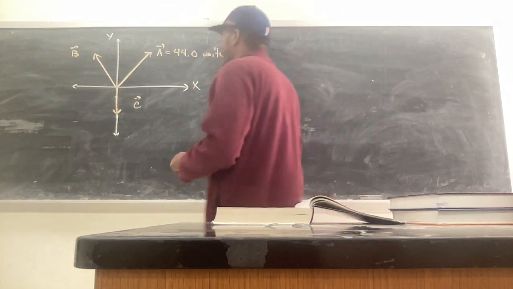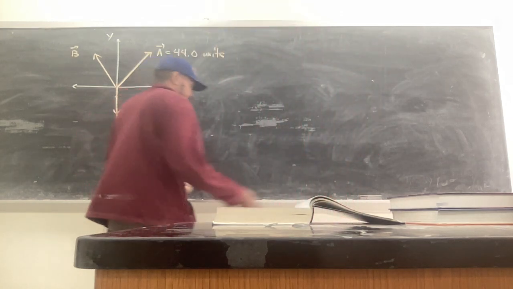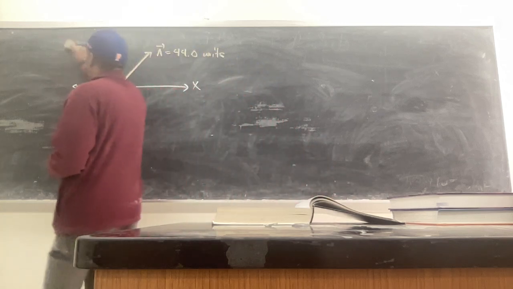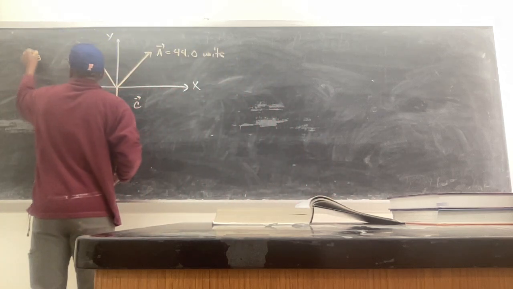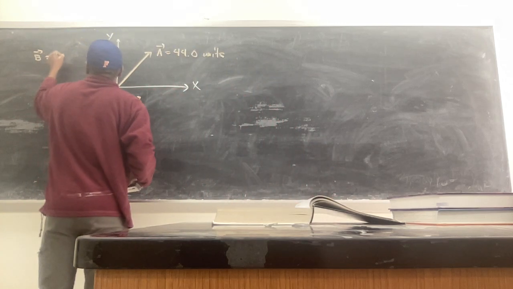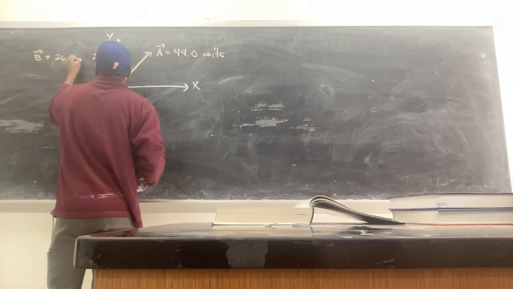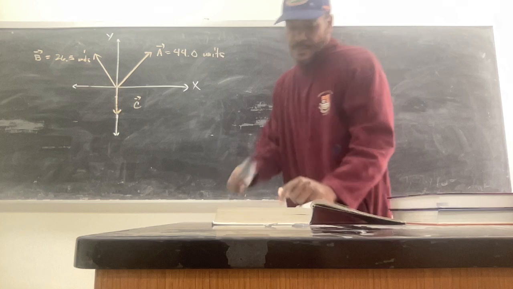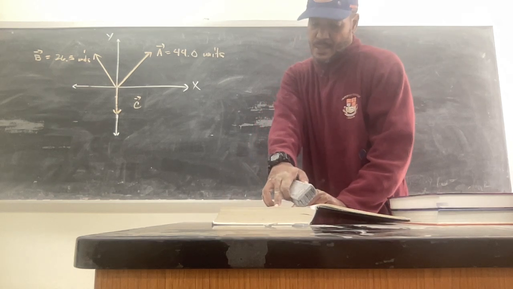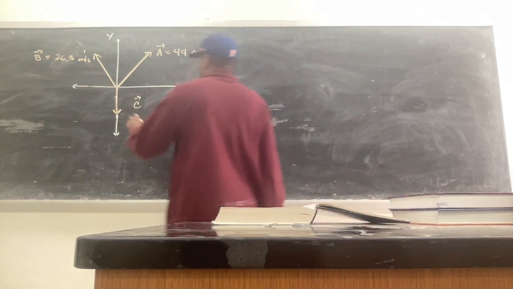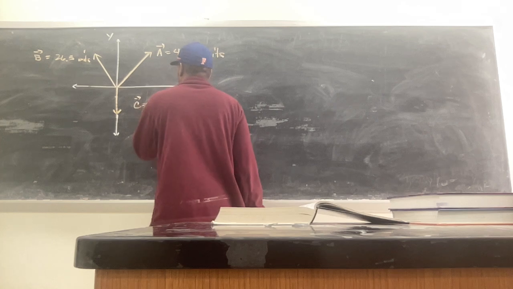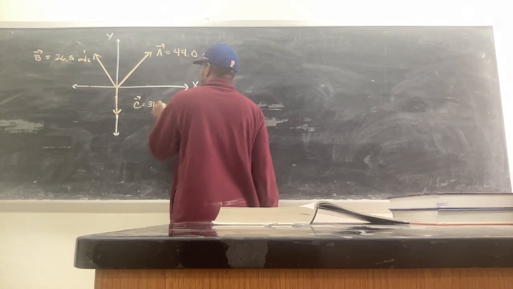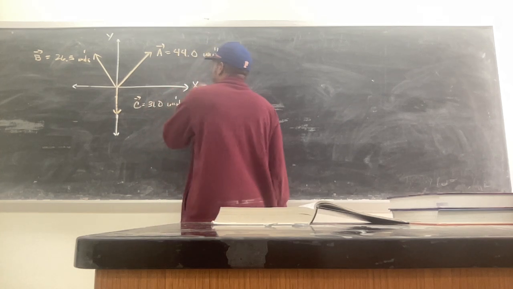B has a magnitude of 26.5 units. And C has a magnitude of 31.0 units. Okay?